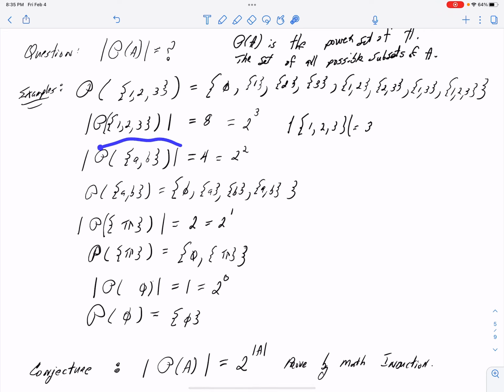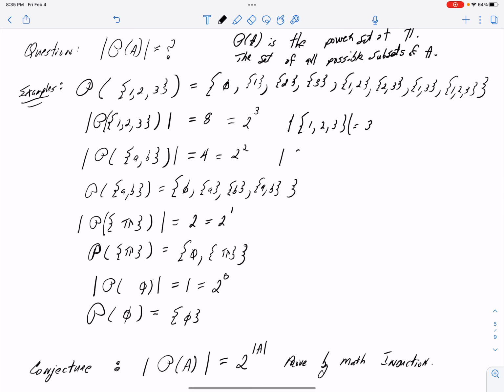Notice then the cardinality of the power set of the set {A, B} is 4. And 4 is 2 squared. And the cardinality of the set {A, B} is 2.